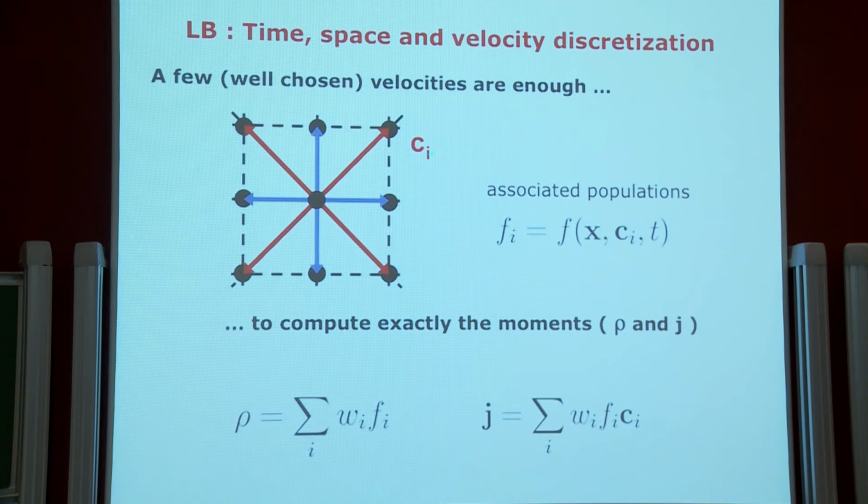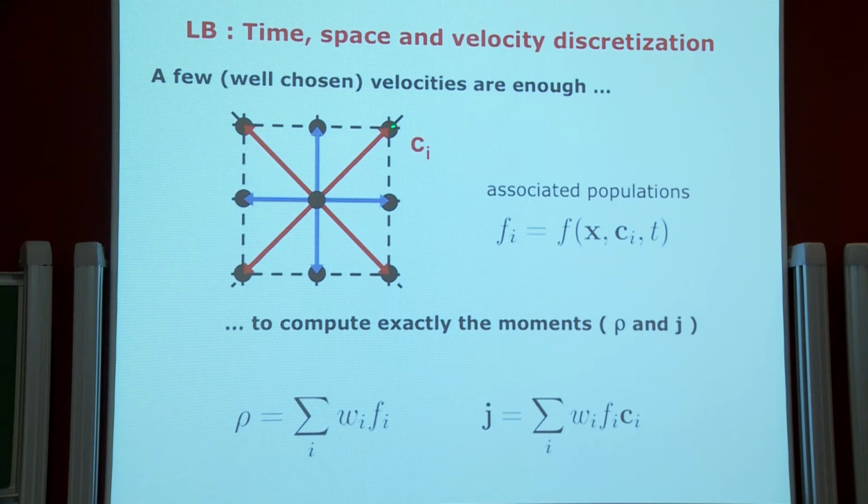If you're looking at a given Fi, you're looking at particles at that position with a given velocity. So at the next time step, you will have those particles moving towards that neighboring node, and the population of particles with this velocity will be transported here.